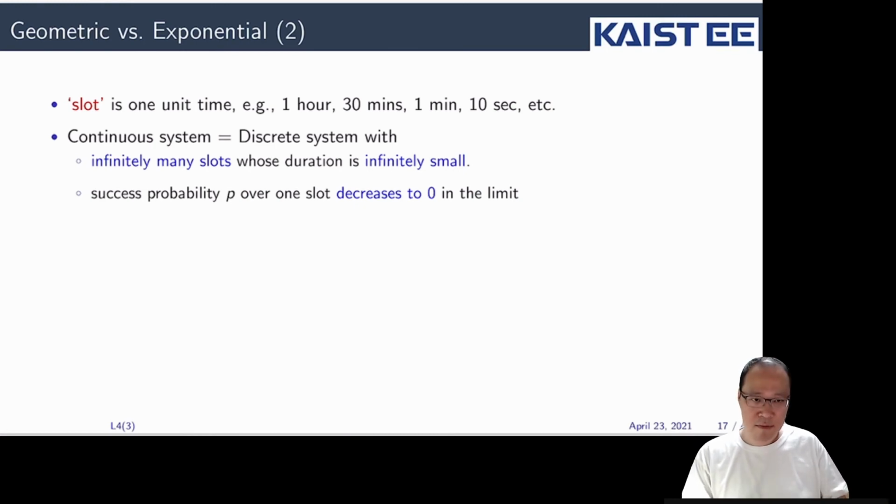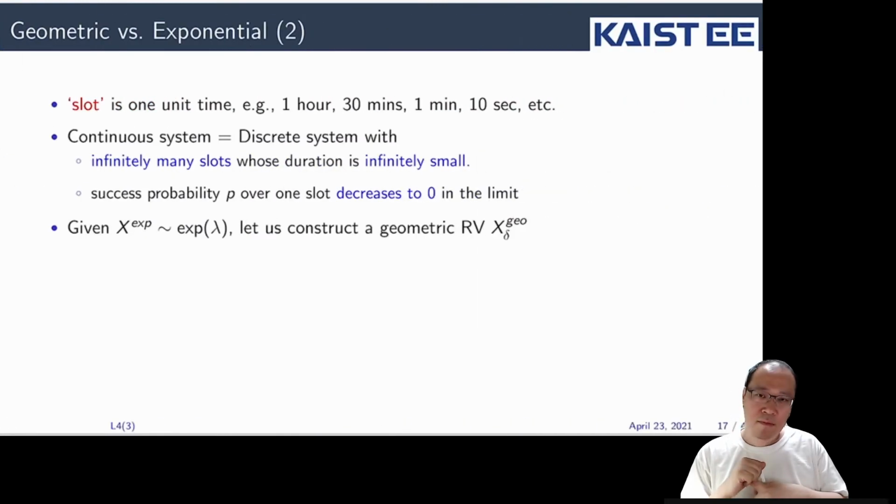In order to make a balance. Making balance means that the mean number of arrivals should be sustained as a constant. Then since we are increasing the number of slots, the success probability, the P over one slot, should decrease. Okay, that's the intuition.